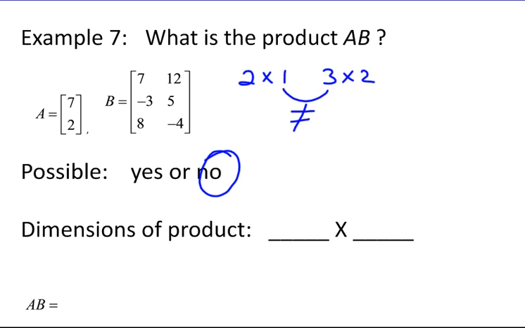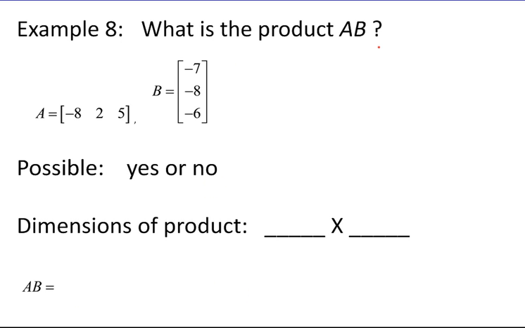So the product AB cannot be done, and if it asks you why, it's because the columns of the A and the rows of the B matrix are not equal.